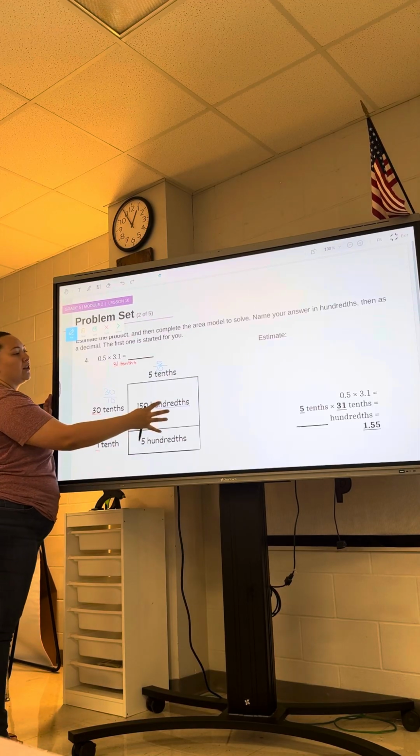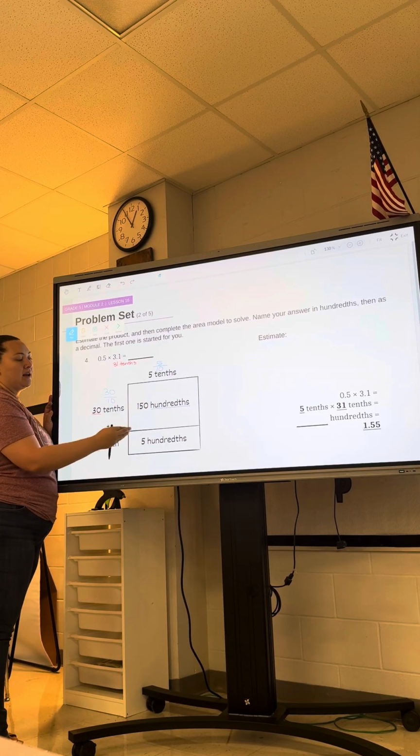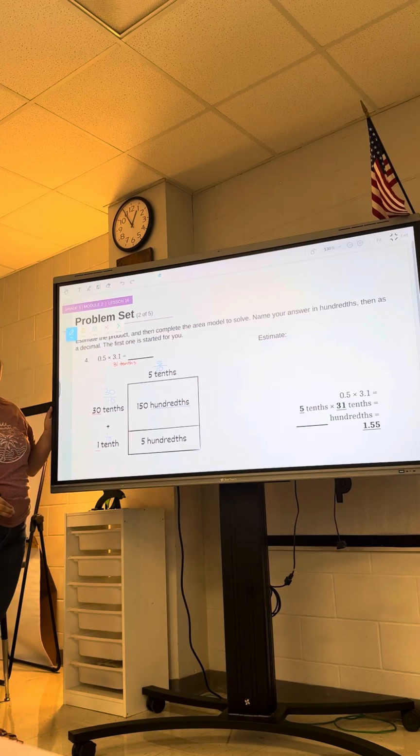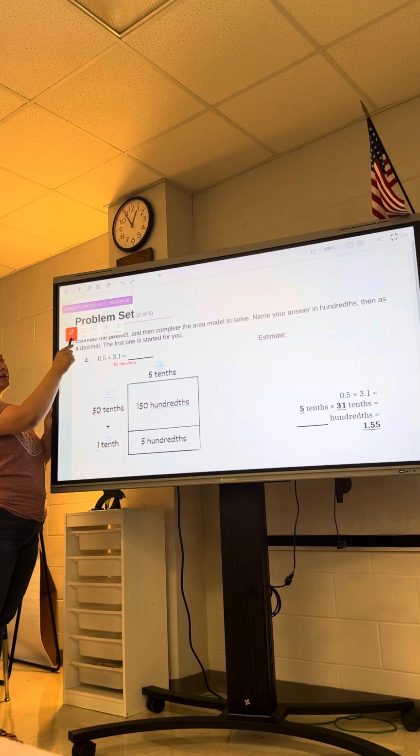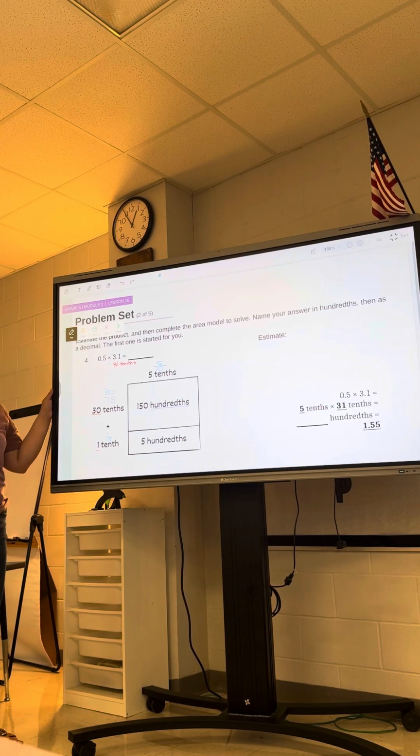So all together, how many hundredths do I have here? How many hundredths do I have here? Add them. How many hundredths do I have? 150 plus 5 is what number? Malachi, how much is 150 plus 5?